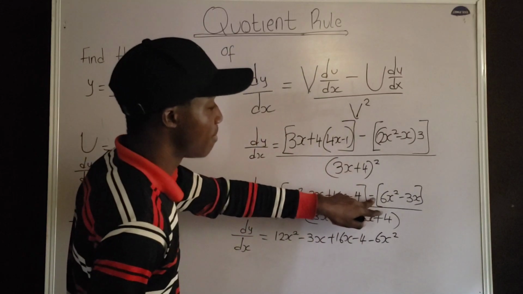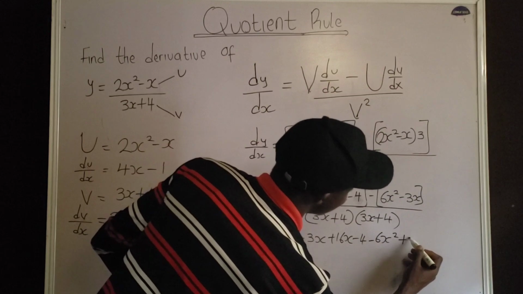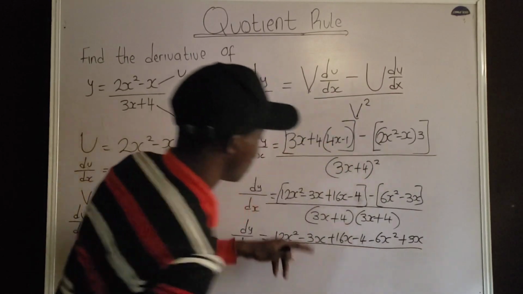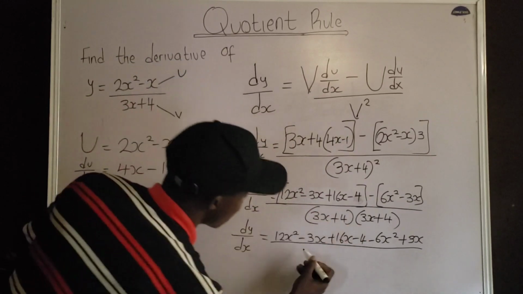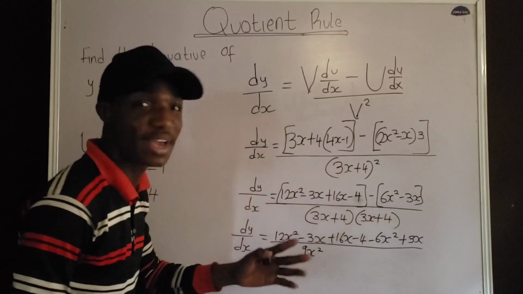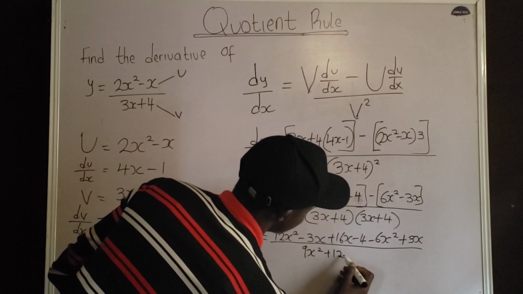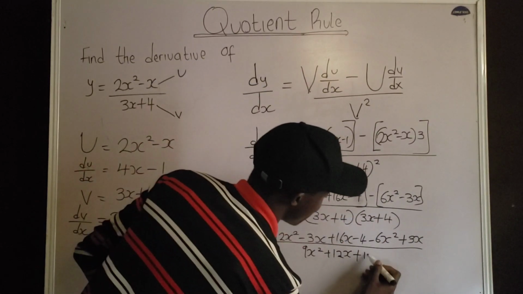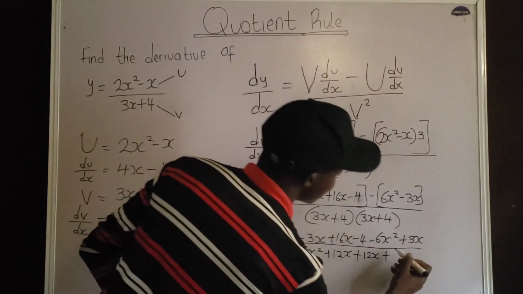Minus multiplied by minus 3x is positive, plus 3x. So all over, now let us expand this. 3x multiplied by 3x, that is 9x squared. 3x multiplied by 4 is 12x, plus 12x, plus 4 multiplied by 3x, that is plus 12x also, plus 4 multiplied by 4, that is plus 16.